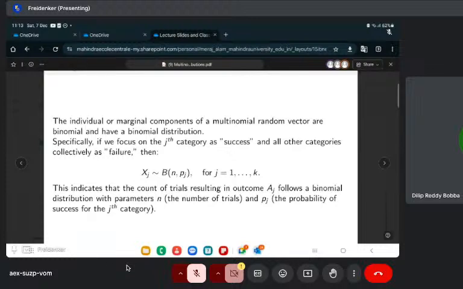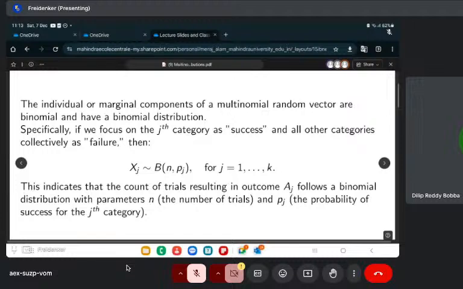So what is 1 minus small pj? 1 minus small pj is the sum of probabilities of all the other variables. So essentially, if you want to find the marginal of a random variable in a multinomial distribution, you just do this. Let's say you want to find the marginal of xj. So xj will follow a binomial distribution. The parameters will be n and pj.